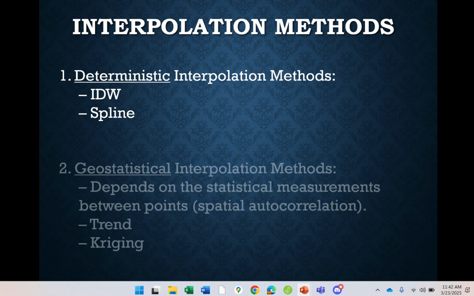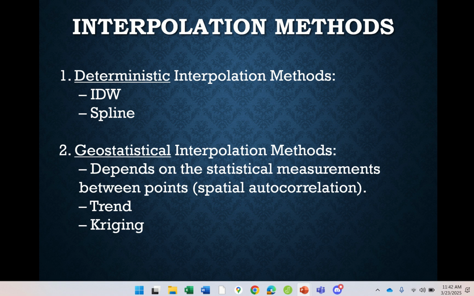Then we have a more sophisticated approach, called geostatistical interpolation methods, where we look more at how the values vary across space, remembering things like autocorrelation, to get a better idea of how variables likely differ between known values. We're going to look at a couple of examples of geostatistical interpolation methods: trend and kriging.